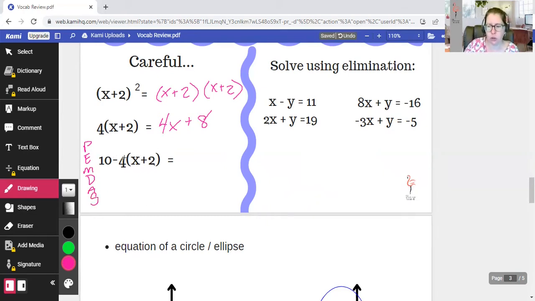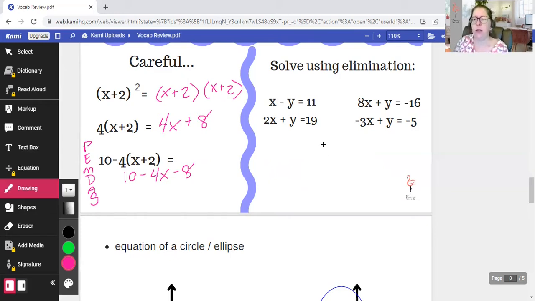So we need to deal with that first, which means our 10 stays, and we get minus 4x and then minus 8. How do you think students get this wrong a different way? It's this 8. They always end up with plus 8 because they forget the minus. So be very careful with your minus signs because it is so easy to lose them, and obviously that's going to ruin your question. So be super, super careful.